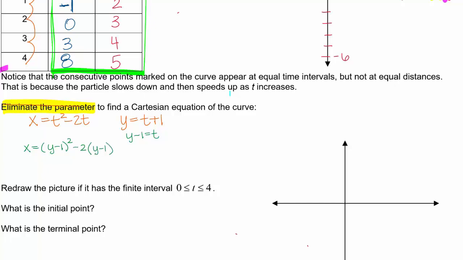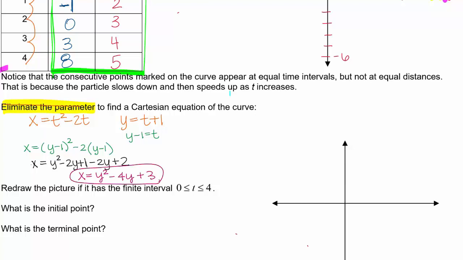Then because you can combine like terms, I will go ahead and multiply this all out. If I square that binomial, I get y squared minus 2y plus 1. And then if I distribute that -2, I get -2y plus 2. I'll just quickly combine like terms. So x equals y squared minus 4y plus 3.